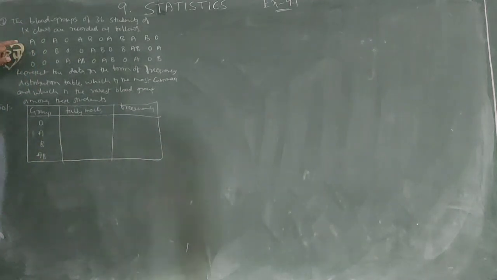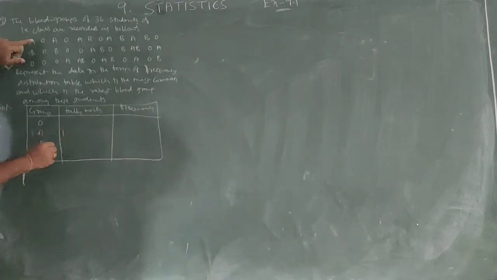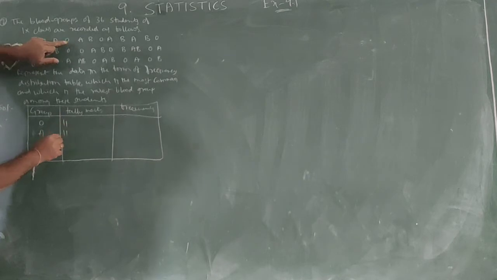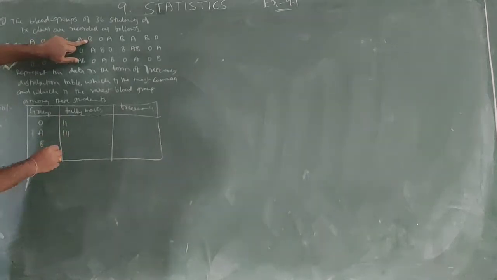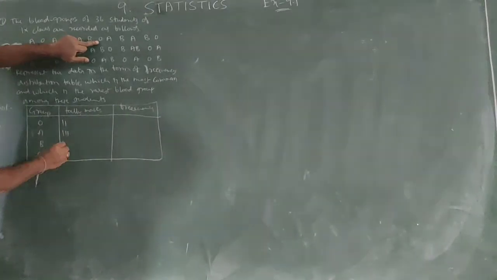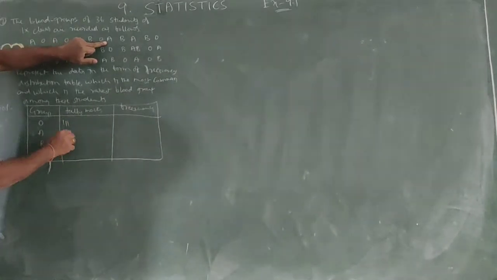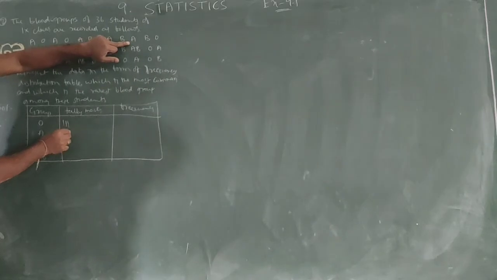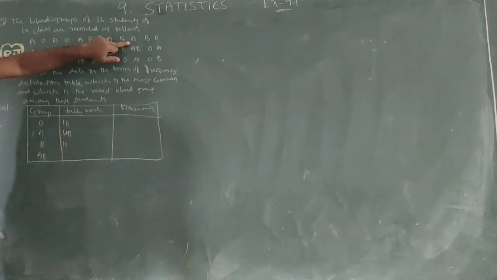First A, O, A, O, A, B, O, A, B, A. So after 4 we cross like this, the fifth one.